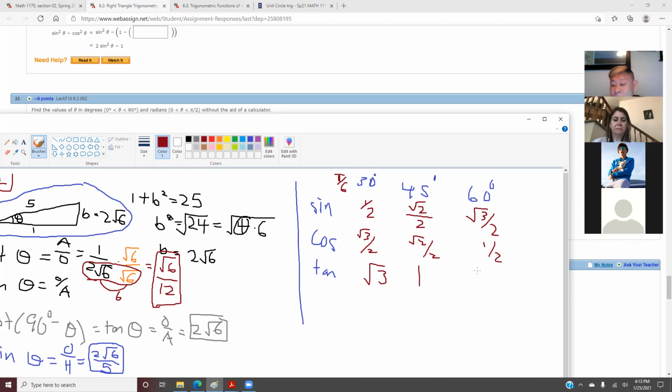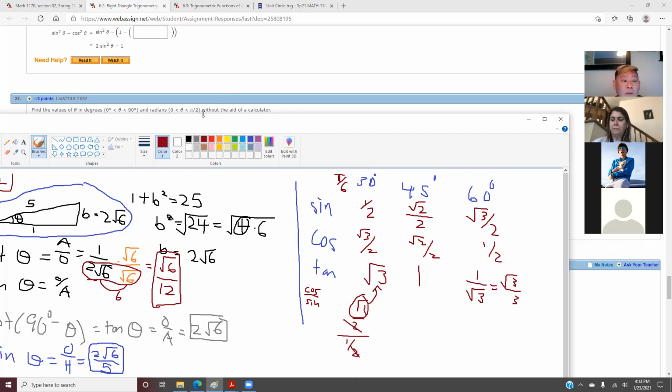And when you divide 1/2 by √3/2, you get 1/√3, which is the same thing as √3/3. So that's how we do this chart.